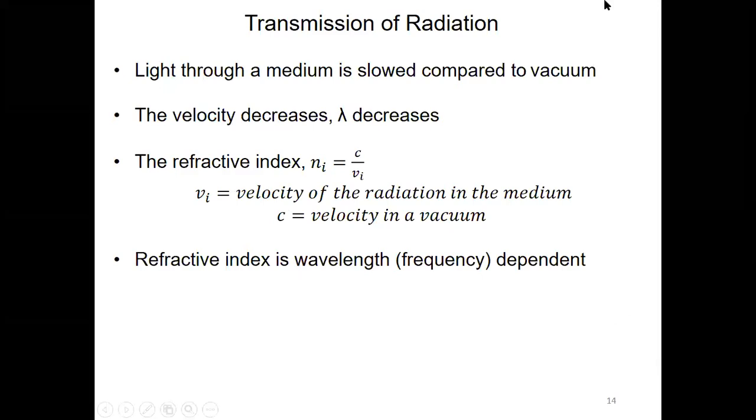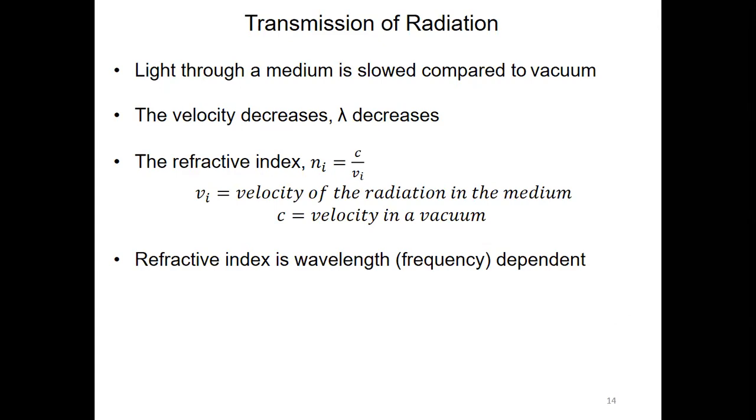Then the radiation can be transmitted, right? So when the radiation or light passes through a medium, as we already discussed, the velocity or the speed of that radiation will be slowed down compared to the vacuum.